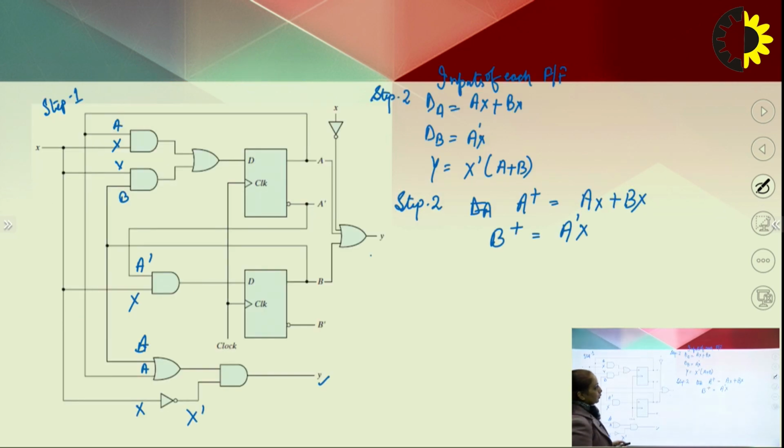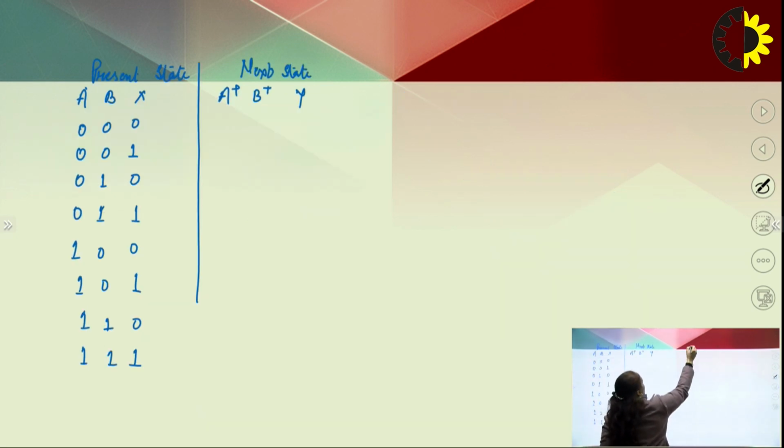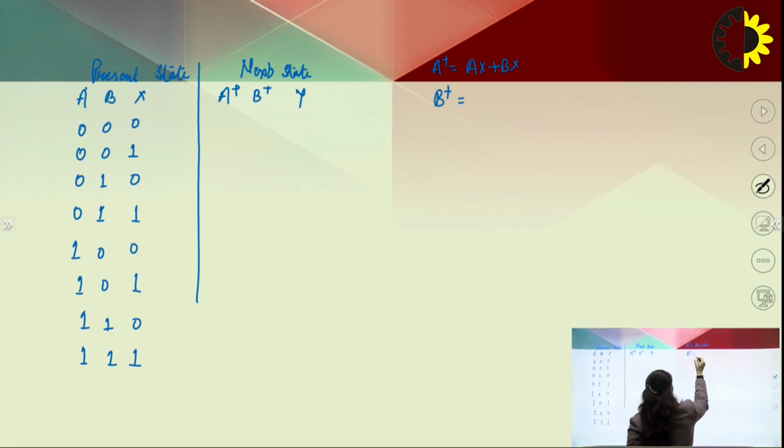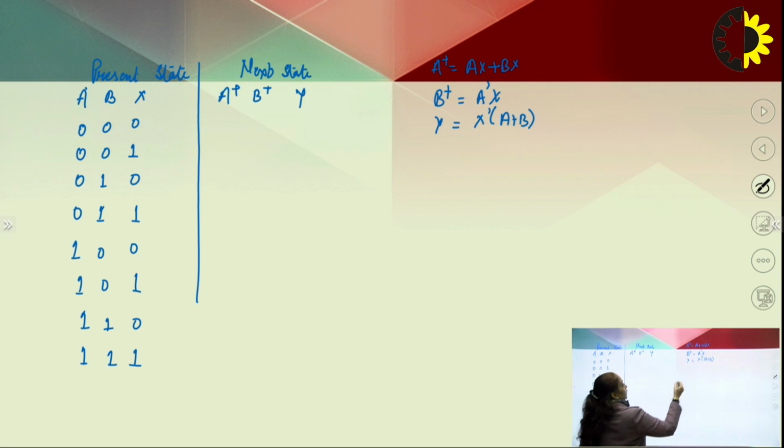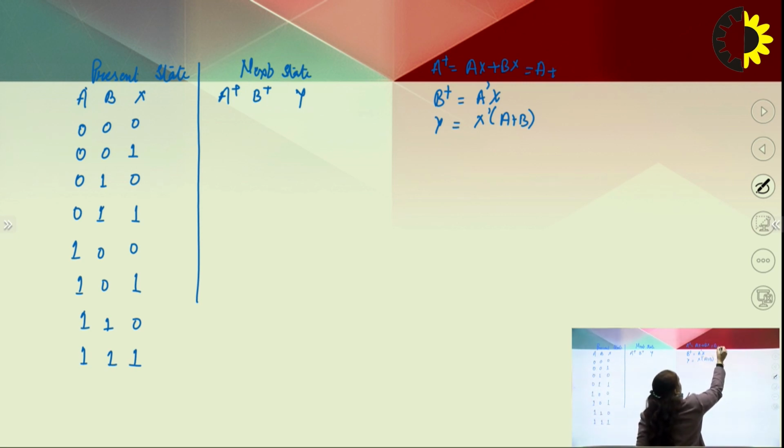The value of A plus is AX plus BX, so we can also write it as A plus B times X, right?